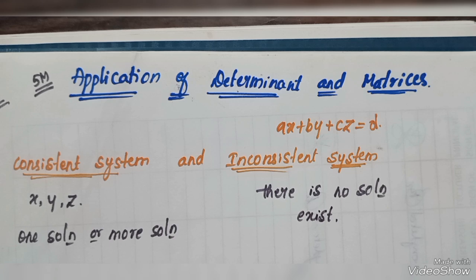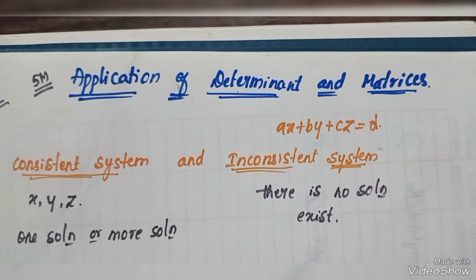Now, solution of a system of linear equations using the inverse of a matrix. In our syllabus we have only the unique solutions. It means in this chapter we restrict ourselves to systems of linear equations having unique solutions only.